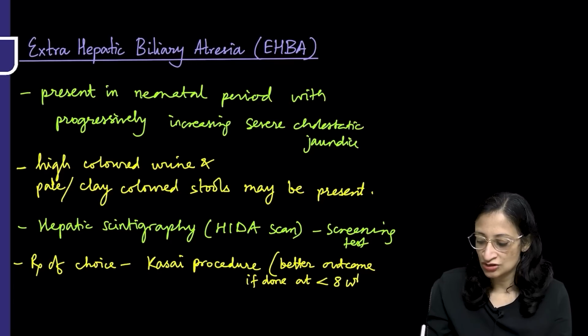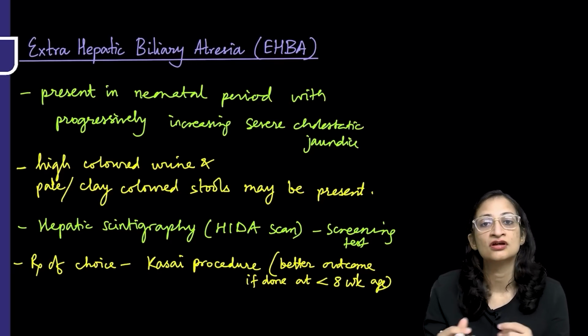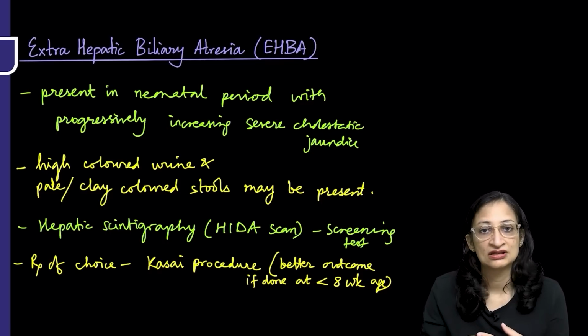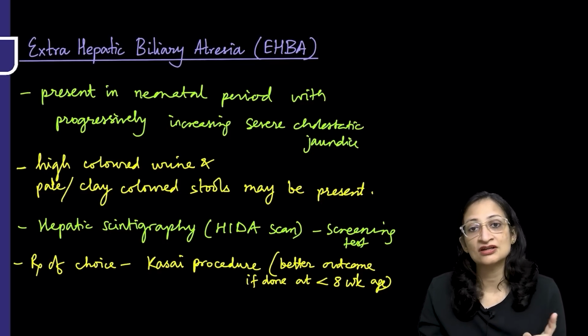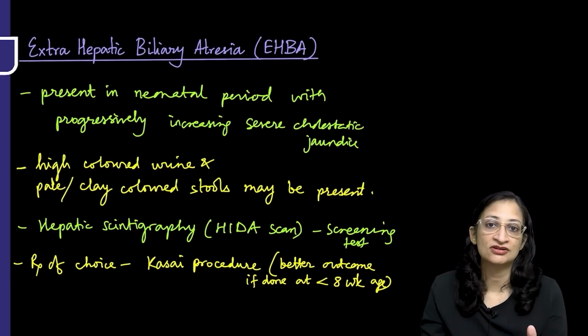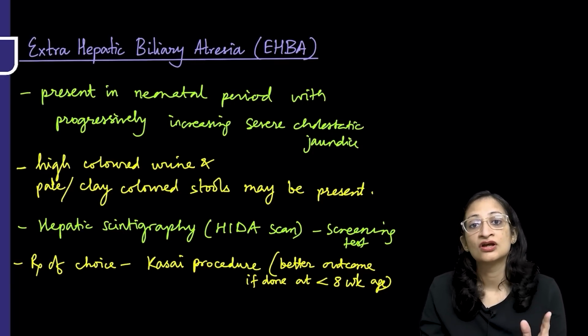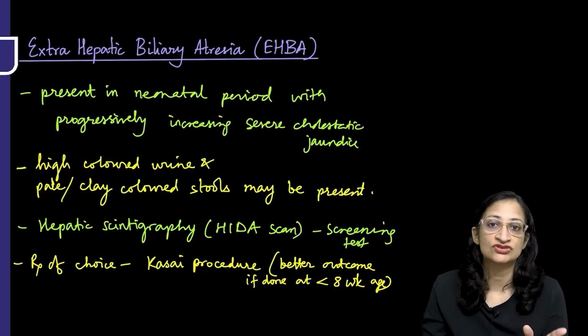If you do it beyond 8 weeks, it has a poor outcome. So that is about biliary atresia. And remember, extrahepatic biliary atresia is the most common cause of liver transplantation in children as well.